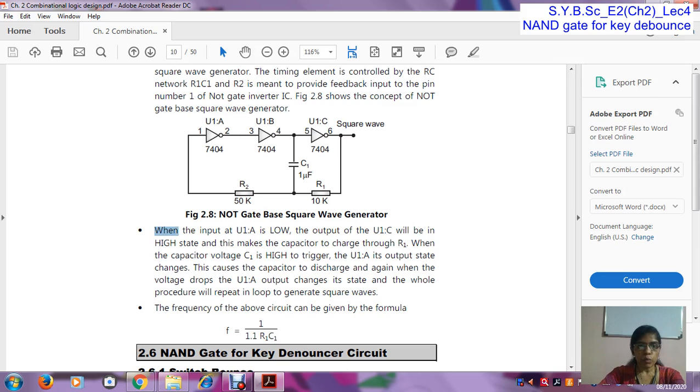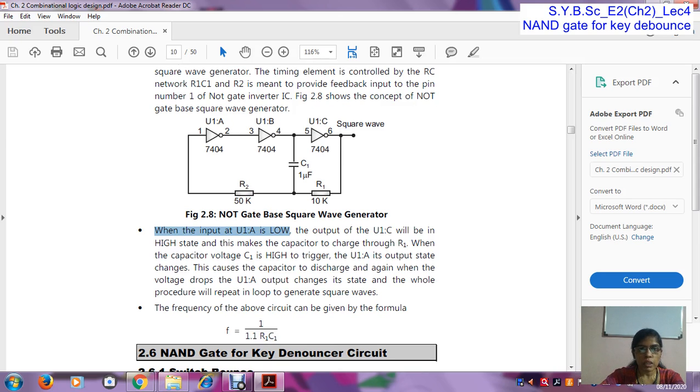This output is the input of the second NOT gate. Here the input is 1, so the output is 0.